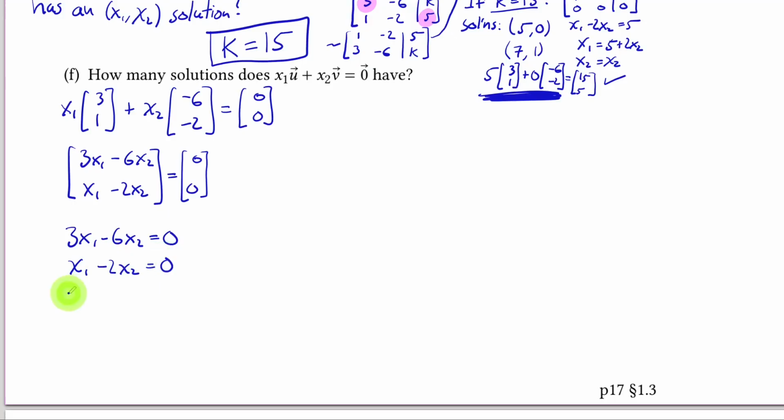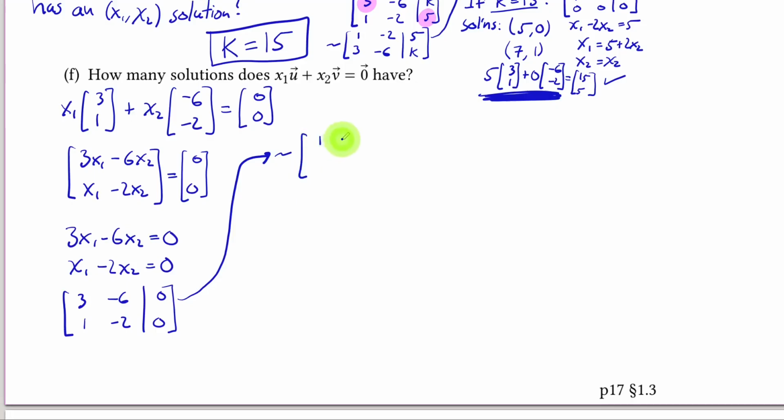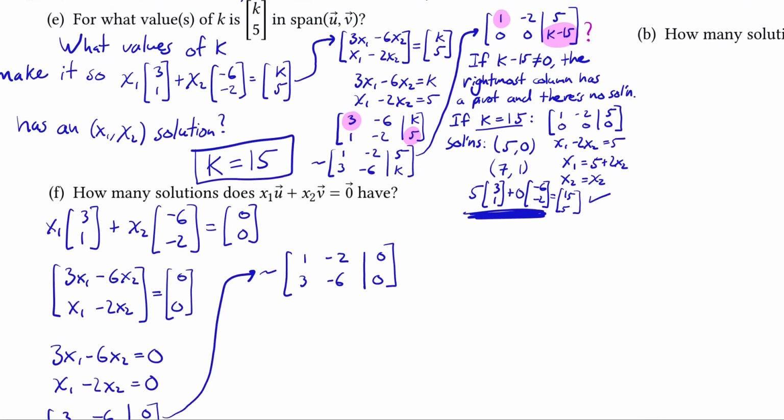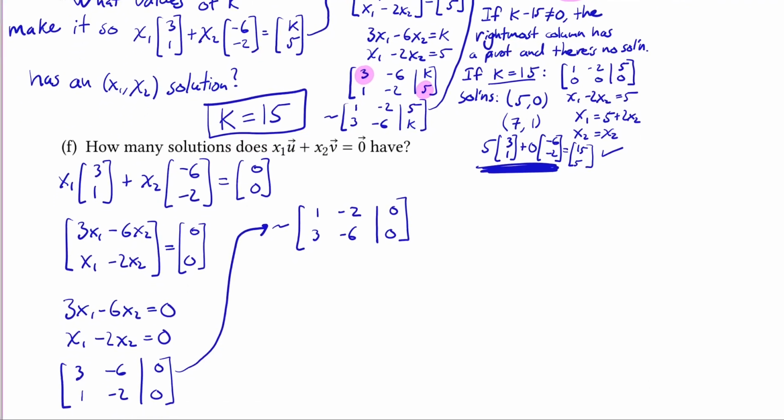And we can write the augmented matrix for this. And we can do the same kinds of row operations we were doing before to get a row equivalent augmented matrix that is in reduced row echelon form and will tell us the solutions. But actually we can save a little bit of work, because the coefficient parts of this are the same as what we had before.